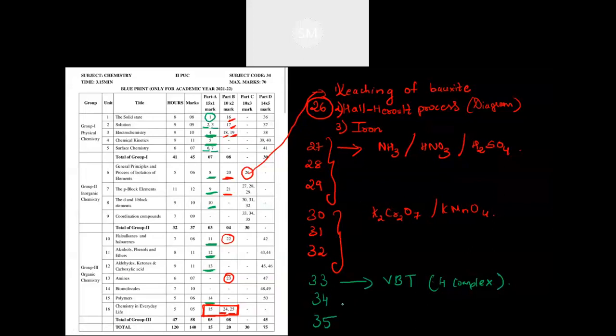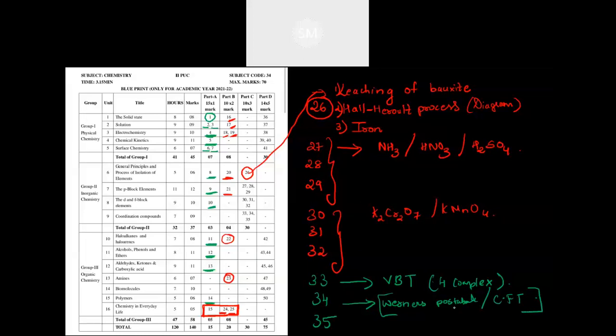And here if they are asking for 3 marks, it can even be Werner's, because we are not having coordination anywhere else. Coordination comes only in part C. See that properly. So you can expect Werner's postulate also here, and then splitting in CFT. That I'm predicting over here.